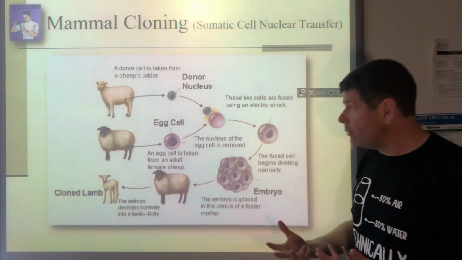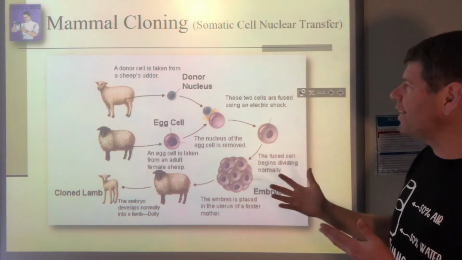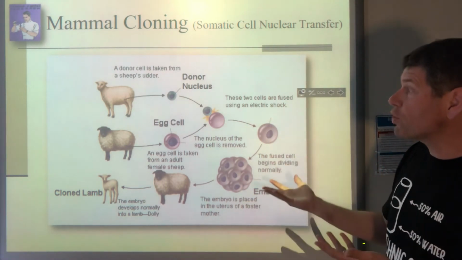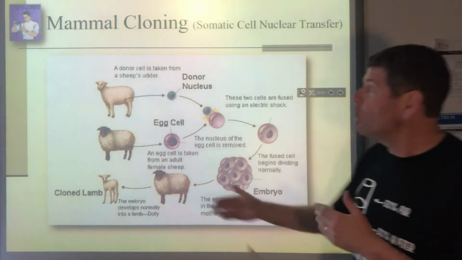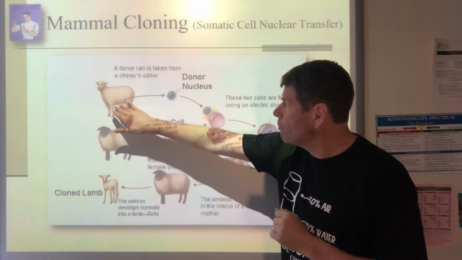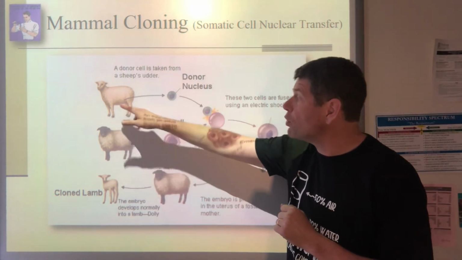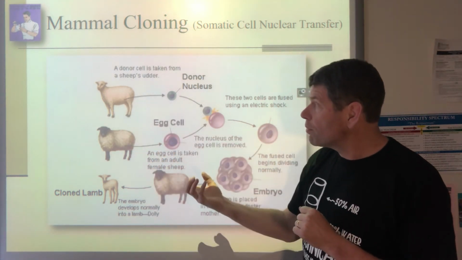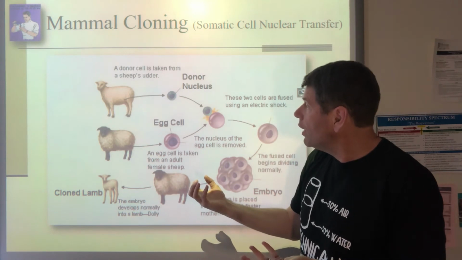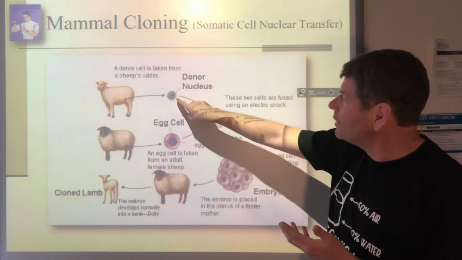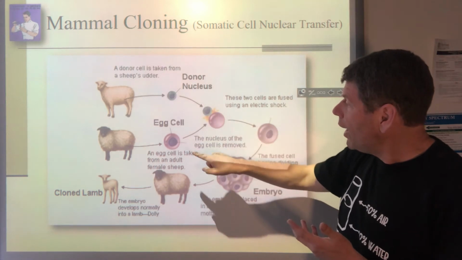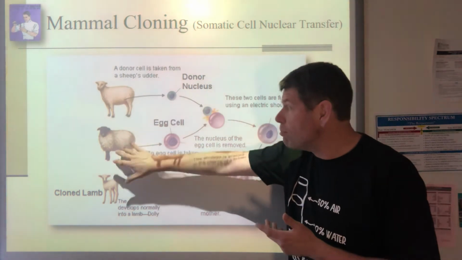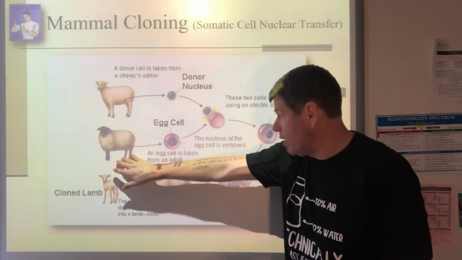So animal cloning was made famous, I think, back in 1996 when a mammal was cloned. Essentially, we have this mother sheep and some donor cell from her udder. They take some donor cells, a typical body cell, with its nucleus, and they fuse it with an egg cell taken from another female sheep.